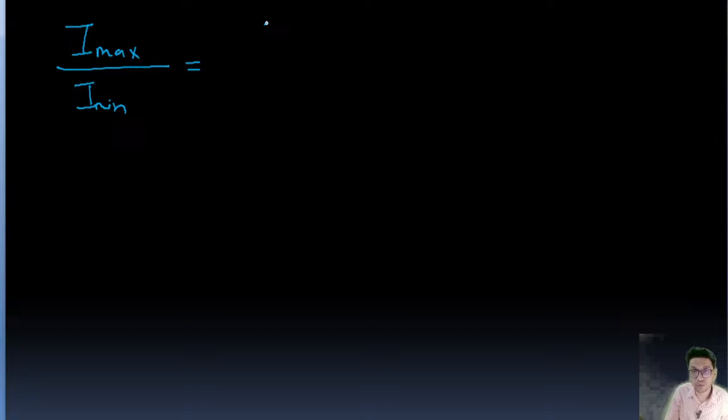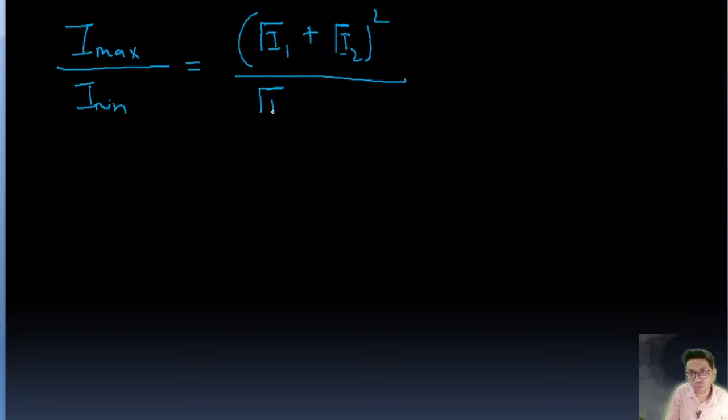Very good question, and I already explained in interference pattern, right? In interference, there's a formula for I max, maximum intensity upon minimum intensity, guys. Very simple question, formula based. Root I1 plus root I2 whole square upon root I1 minus root I2 whole square.